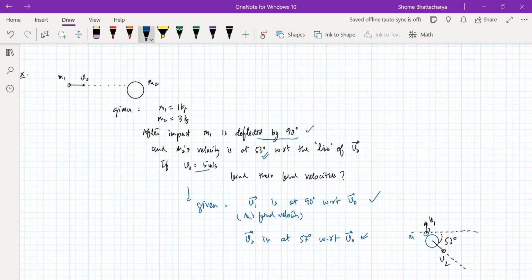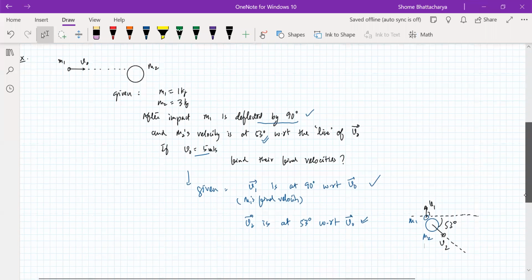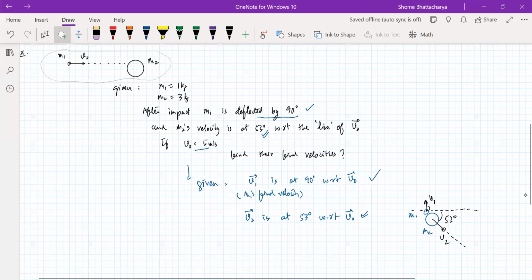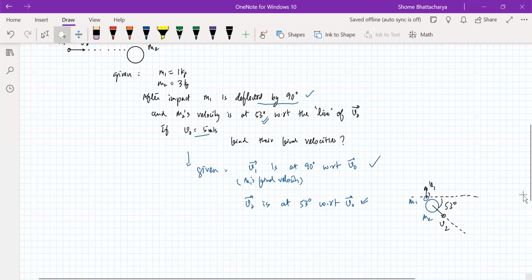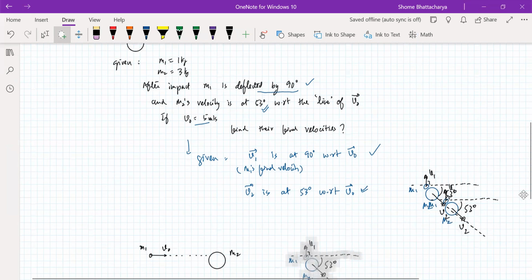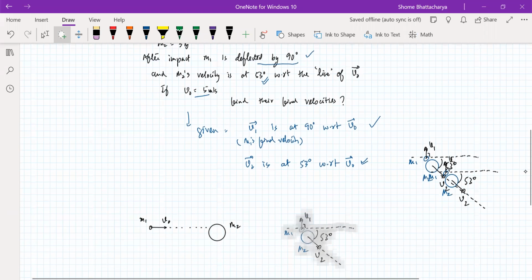So this will be enough to solve actually the problem. Therefore, I said that extra information was given which you don't require. So now you can see that if we just apply momentum conservation between this diagram and then this diagram, that is going to be sufficient because we know the masses.